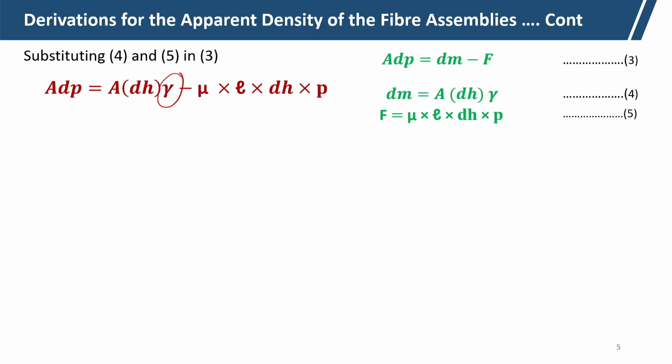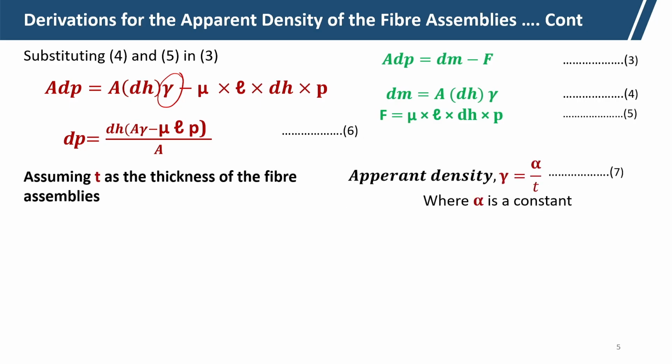Mu L dH P. Now dP comes out, this is the relationship we are getting. Next step, dP will be dH multiplied by A gamma minus mu LP divided by A.